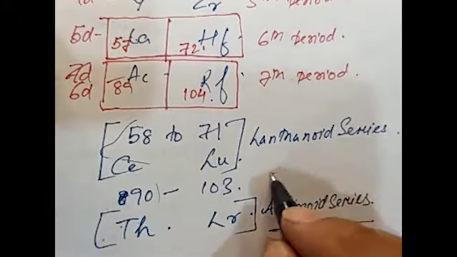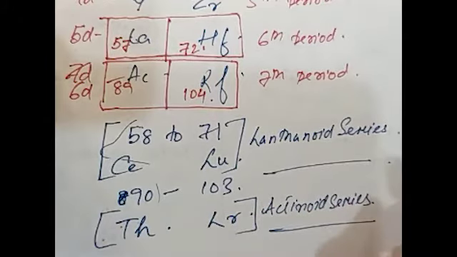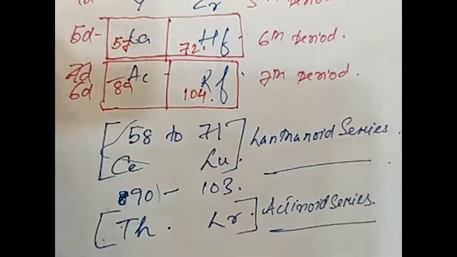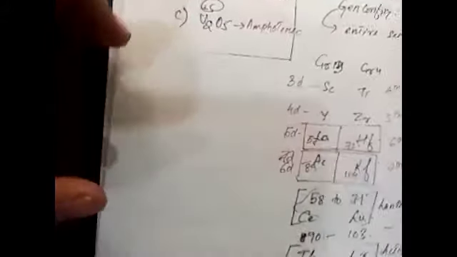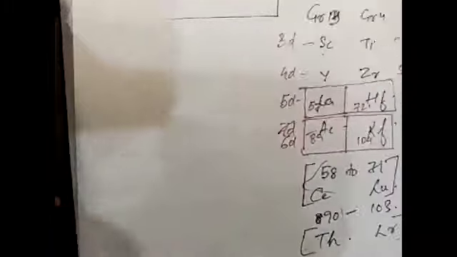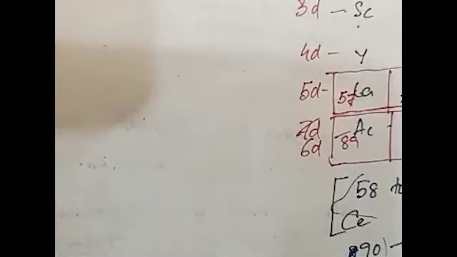Fine. Lanthanoid series and actinoid series. So these are the two different types of series. We'll do this in small detail so that we don't spend much time on all this.